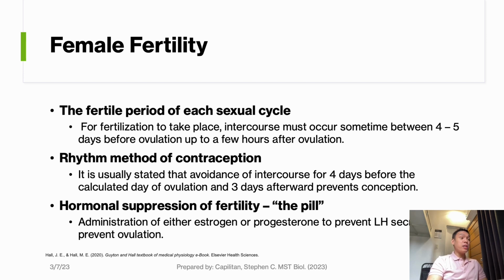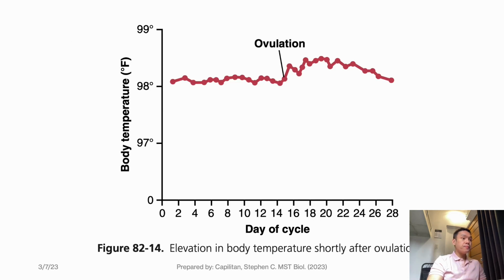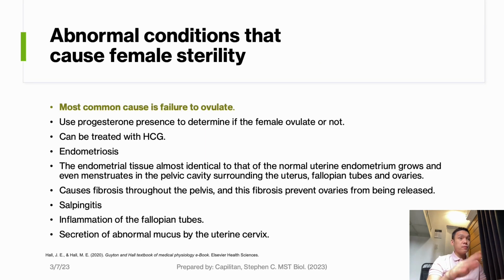Hormonal suppression of fertility, or the pills, with administration of either estrogen or progesterone, will inhibit LH secretion, thus preventing ovulation. Now, temperature, okay, is slightly elevated shortly after ovulation.